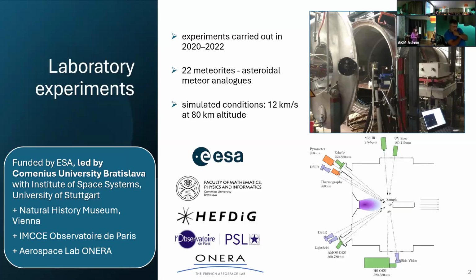A key idea was to simulate meteor ablation in a plasma wind tunnel using real meteorite samples under entry-like conditions, which were equivalent to an entry velocity of about 12 kilometers per second at an altitude of about 80 kilometers. So basically, we simulated slower meteors of asteroidal origin.